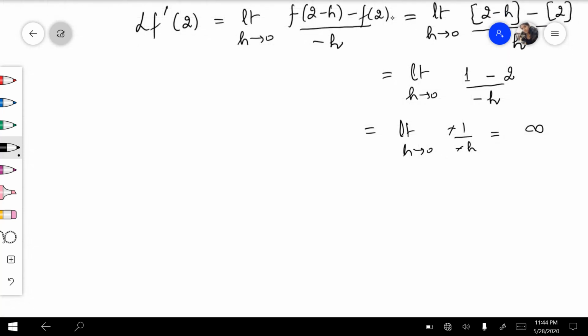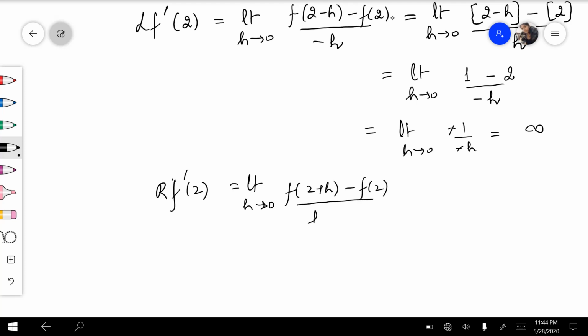Now let's find the right hand derivative. This will be equal to limit h goes to 0 of f of 2 plus h minus f of 2 upon h, which is equal to limit h goes to 0 of the greatest integer value of 2 plus h minus the greatest integer value of 2 upon h.